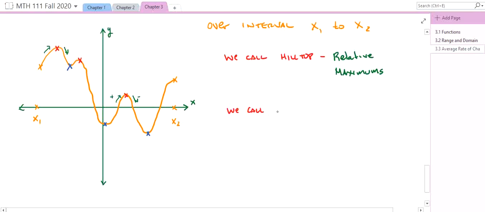I guess I've been calling these basins. We call these relative minimums. Those are maximums, these are minimums. Min.